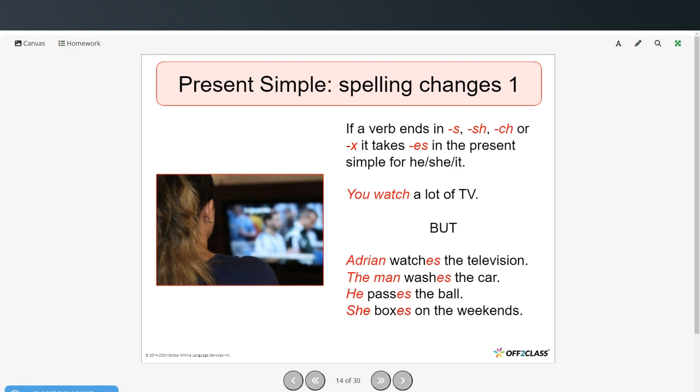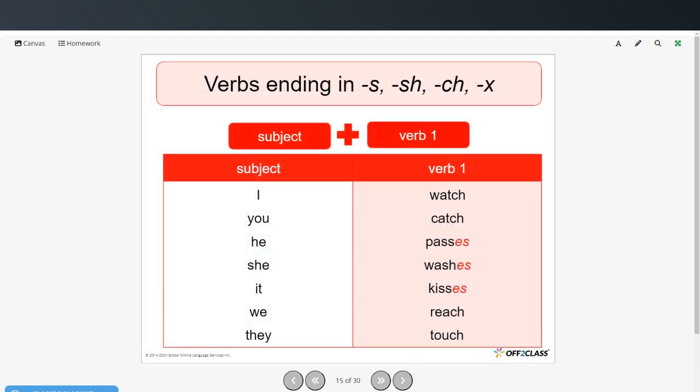Here we have a verb that ends in S, so he passes the ball. And box ends in an X, so she boxes on the weekends. Right, so for verbs ending in S, SH, CH, and X, I watch, you catch, he passes, she washes, it kisses, we reach, they touch.